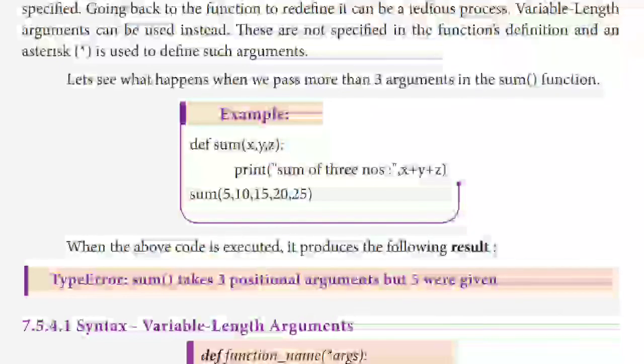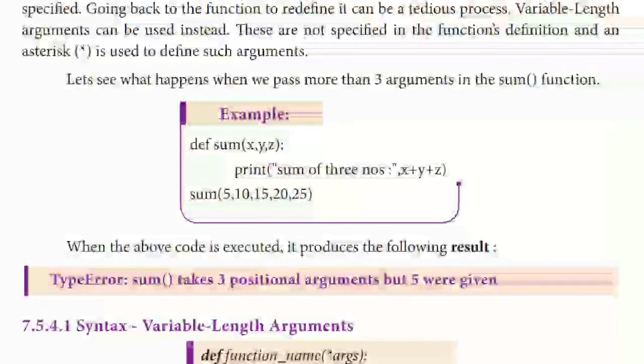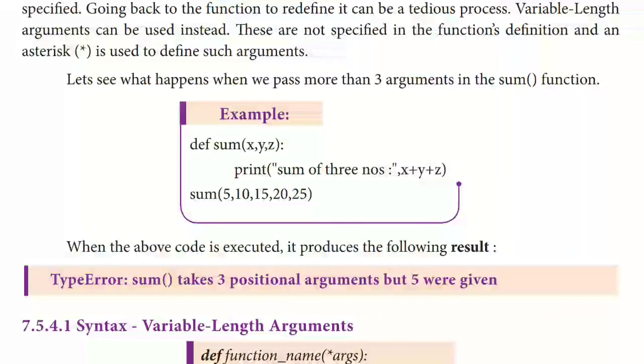Inside the function, the sum of three numbers, x plus y plus z, will be printed. But while calling the function, they have given five values: 5, 10, 15, 20, and 25. Since you have given five values, an error will arise, because only three values will be accepted and the other two will be eliminated. So this is an error.